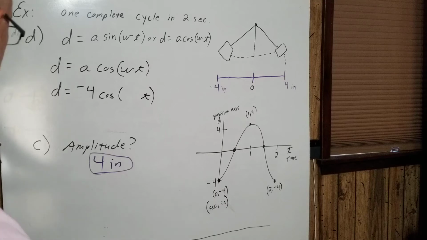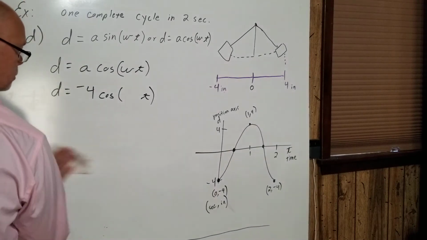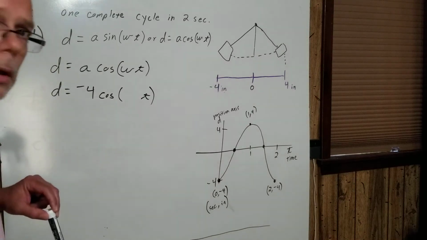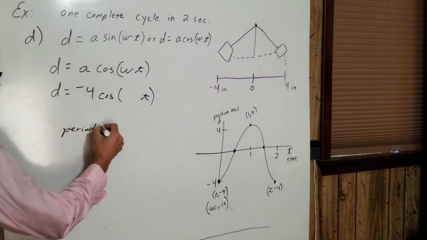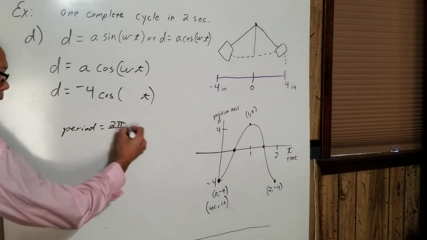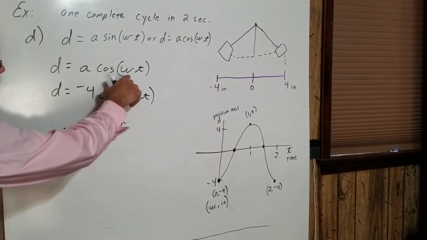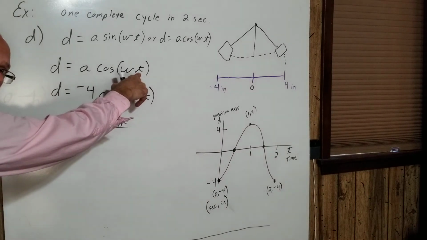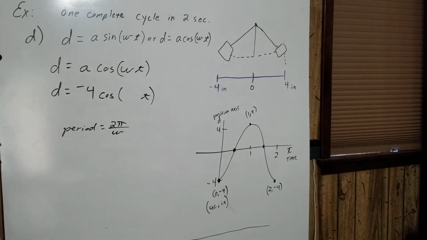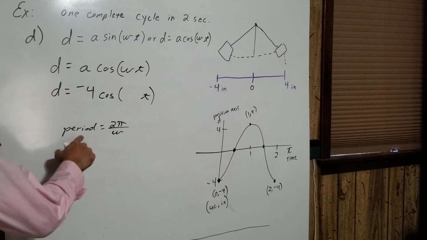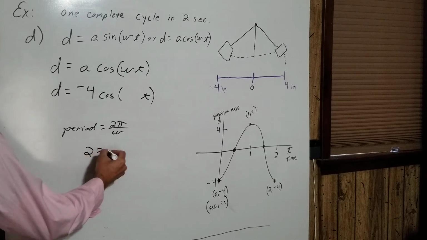So let's find the omega here. Well, my period is equal to 2 pi over b. Whenever we learned this the first time, what was b? Just a number that was being multiplied by t. Well, in this case, they're saying omega, so I just use omega. What is my period? We said earlier the period was 2 seconds.